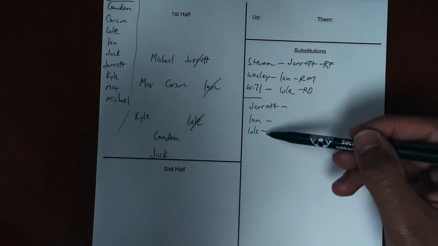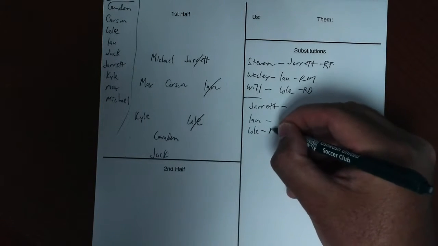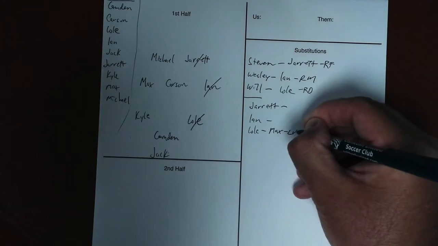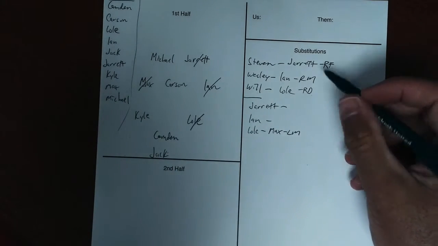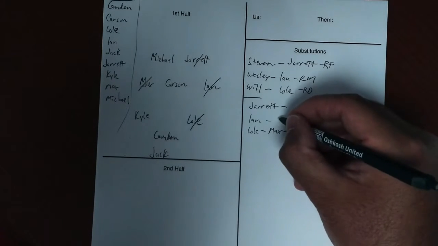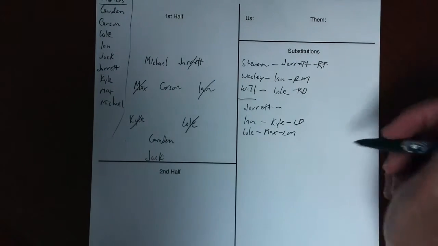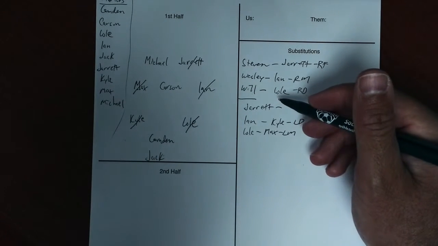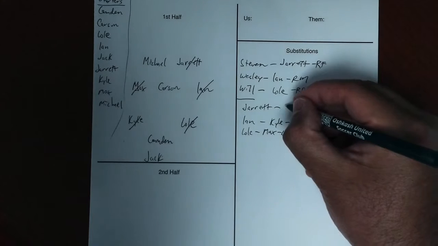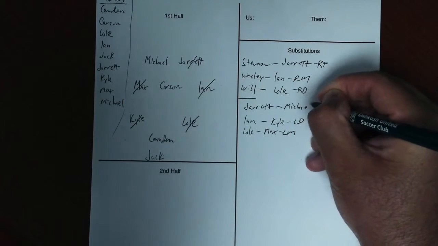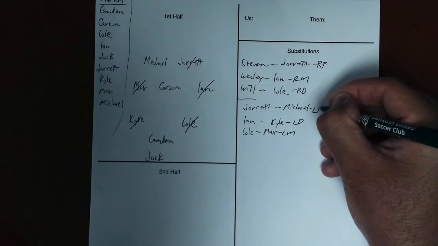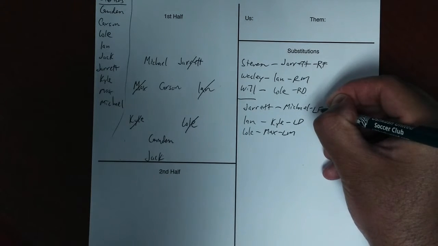The next time we put him in, maybe we'll put Cole in for Max at left midfield, so that way he gets a different position. Ian was playing midfield, so we'll put Ian in for Kyle at left defense. And then Jarrett, we'll put Jarrett in for Michael at left forward.